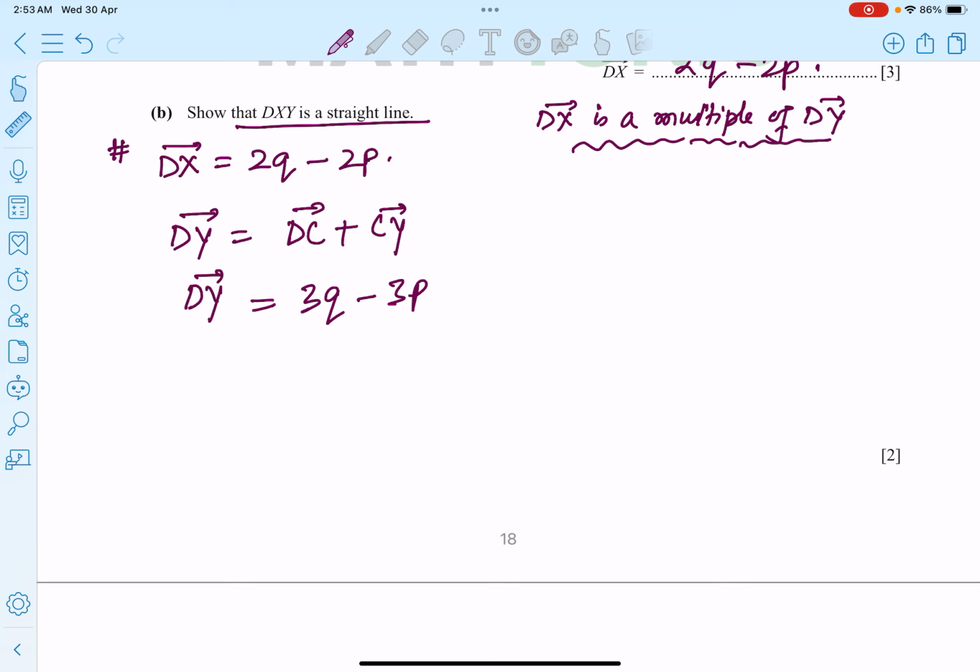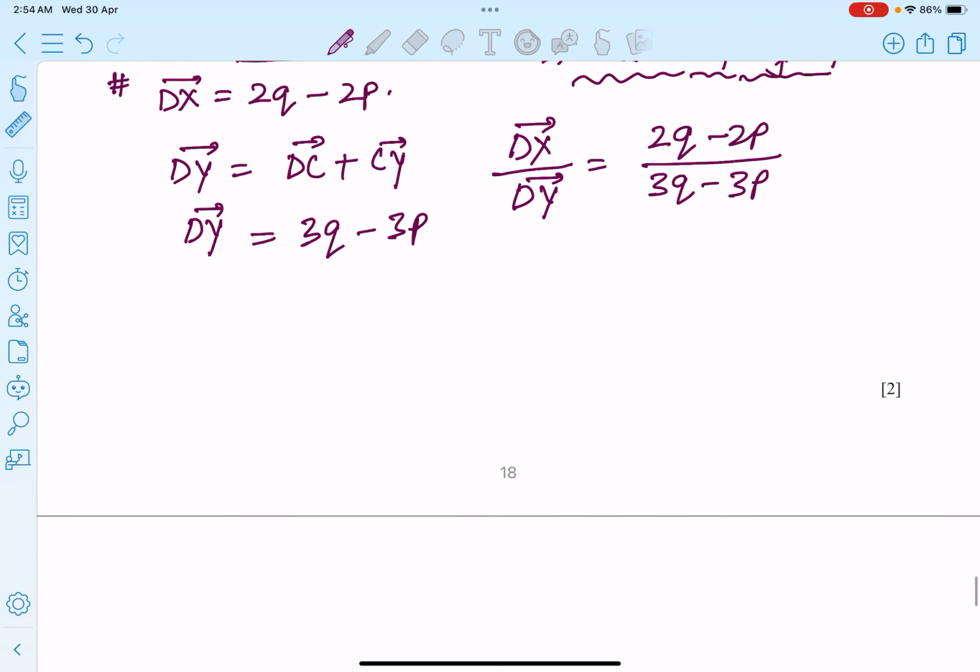Okay, let me show you how we can find the multiple of this one. Can I divide these two vectors, DX vector over DY vector? Yes. DX vector is 2Q minus 2P over 3Q minus 3P, right?